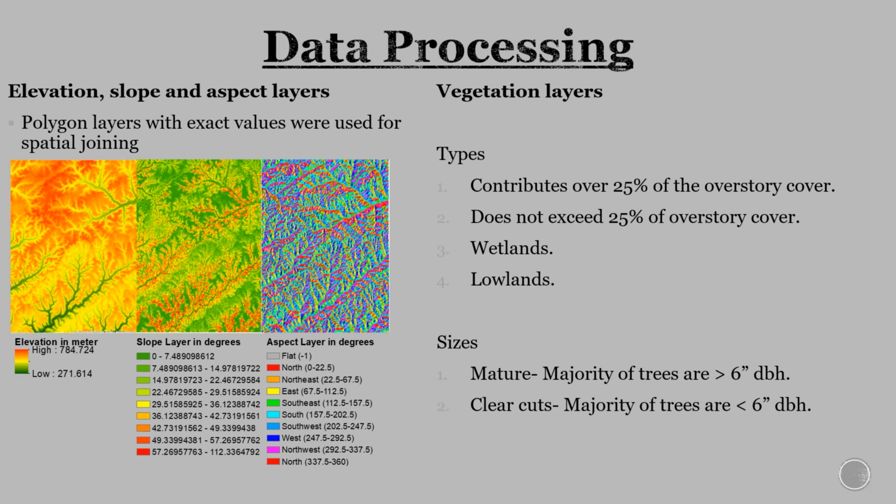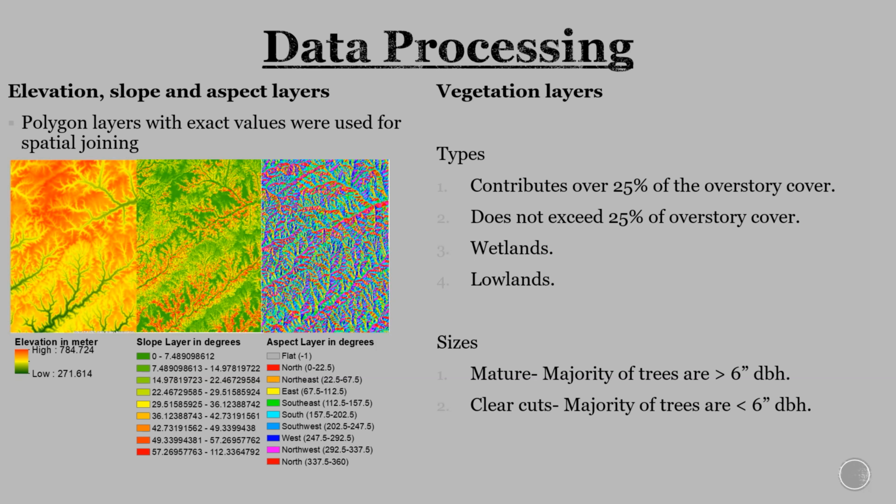For the vegetation layers, I was actually able to get the manual from the DCNR as well, which helped because the layer that they provided had just dozens of fields in it, a lot of really awesome information. So I needed to figure out what was important for us to use. So I focused on the type of vegetation and the size stock.